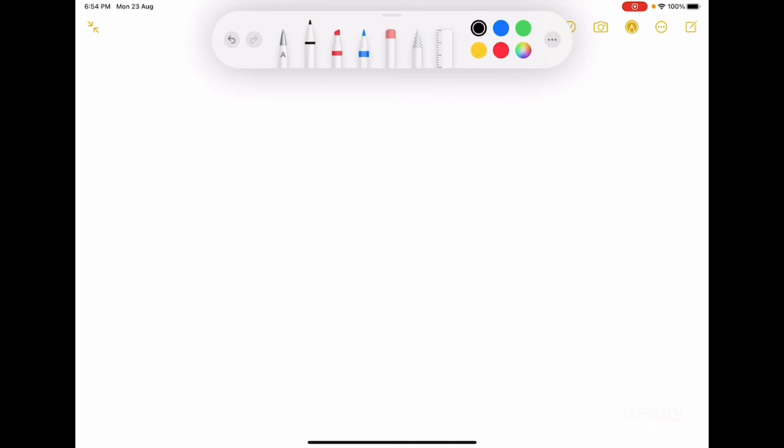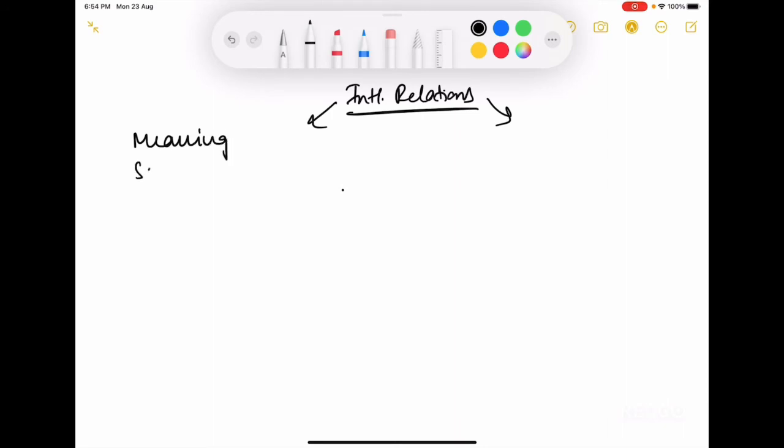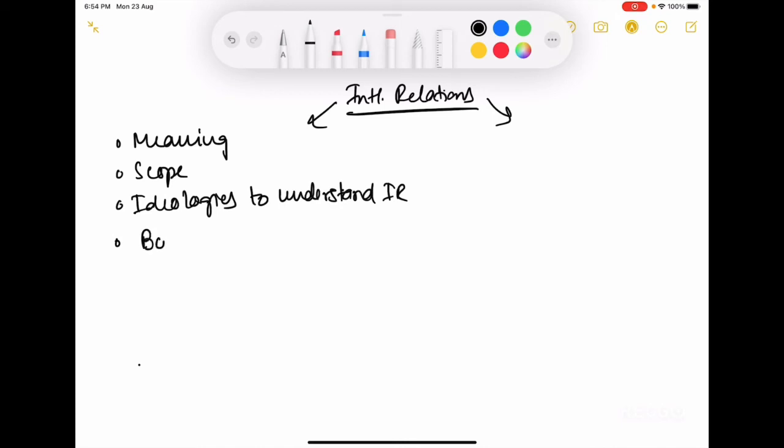Paper 2. Number 1 is talking about the meaning, scope, and ideologies to understand IR. Then you have balance of power. Then you have collective security issues.